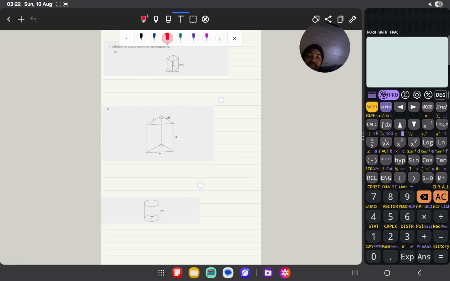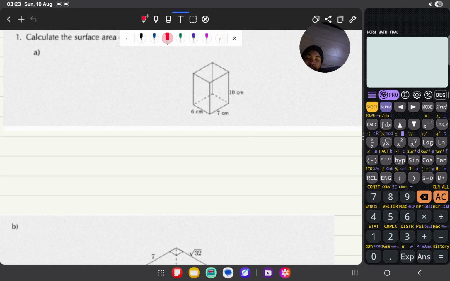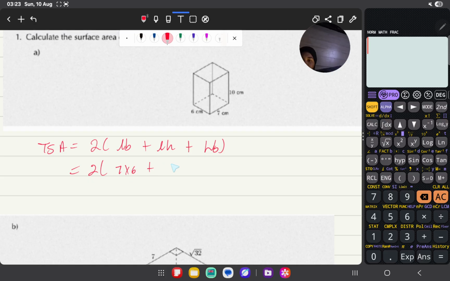Let's work on a few examples. So you have this one. You already know that the total surface area is 2 times LB plus LH plus HB.